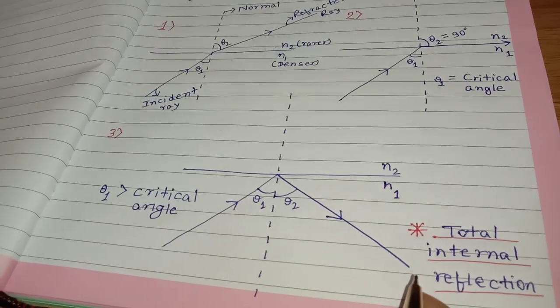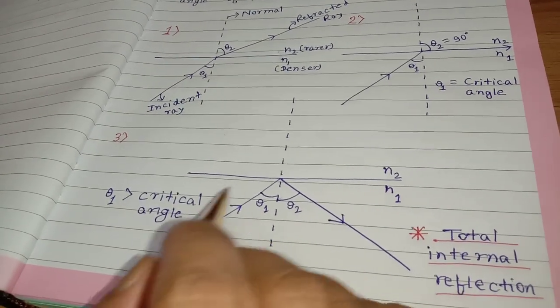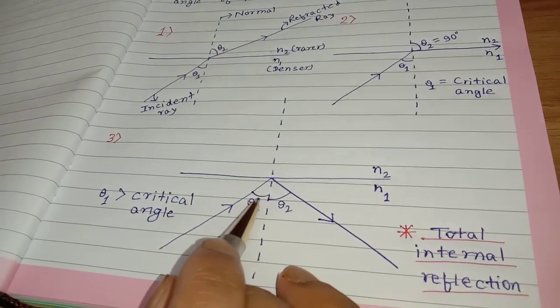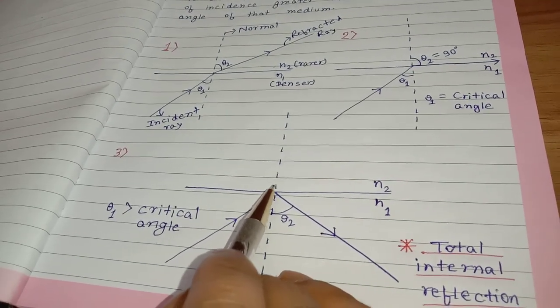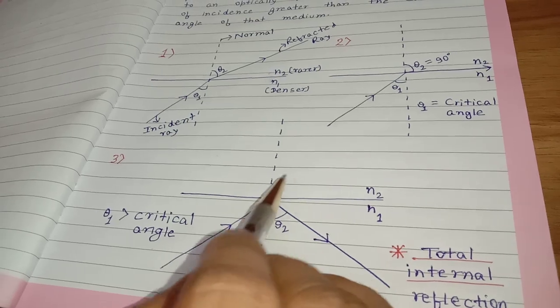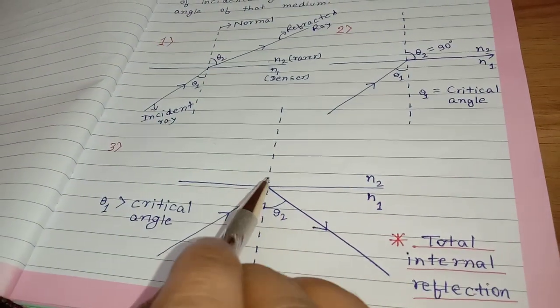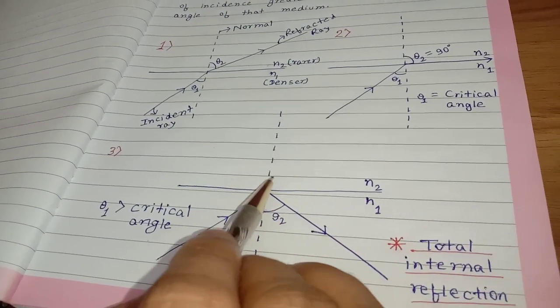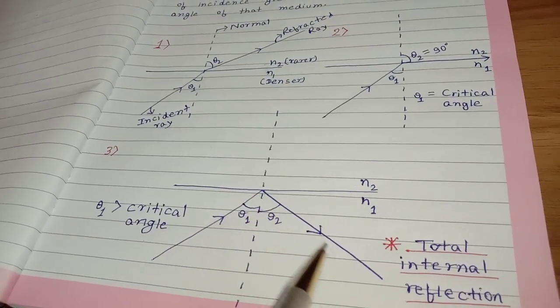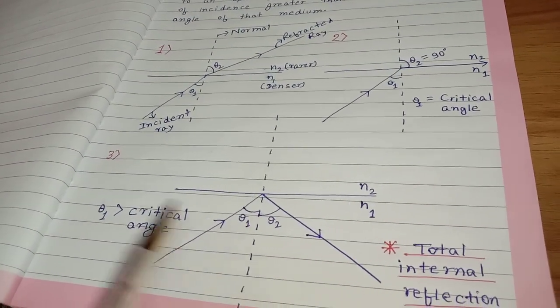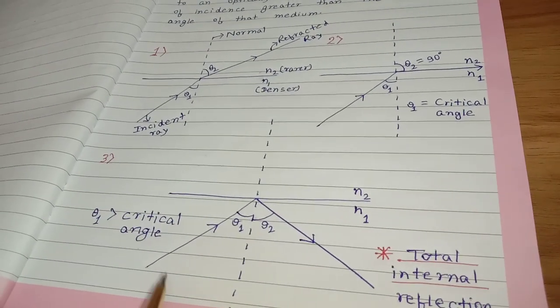Now why does it happen that when a ray of light is incident on the surface at an angle greater than the critical angle, there is no portion of light refracted into the rarer medium? That means no percentage of light is refracted. The whole 100% of the light is reflected back into the same medium. This phenomenon is called total internal reflection.